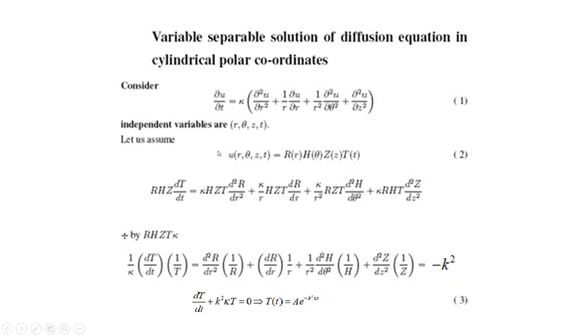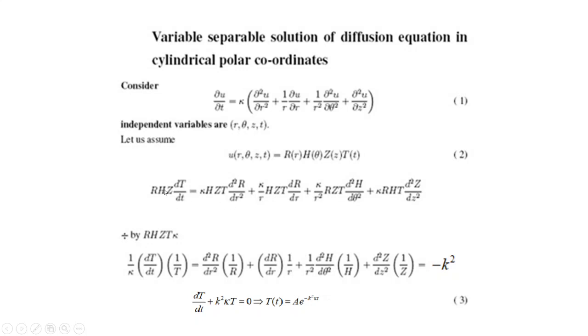When you substitute u as the product of functions of independent variables, dou u by dou t means the function of r, theta and z will come outside, and you will have a function of only t being differentiated with respect to t. Therefore, it is justified why we have replaced the partial derivative by the ordinary derivative.